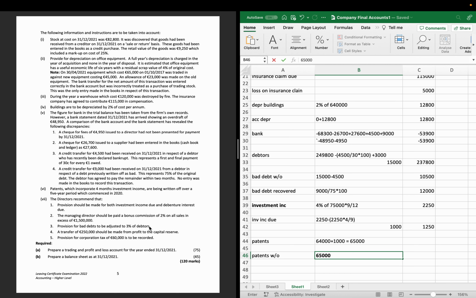So just be careful with that. We're in the accounts for 2021, so they already have 1 year depreciated. So instead of dividing by 5, that 65,000 includes 1 year's depreciation. So you divide it by 4. So you've only 4 years left to depreciate it by, not 5. So it's 65,000 divided by 4, which is 16,250, which you need to take away from the patents number.